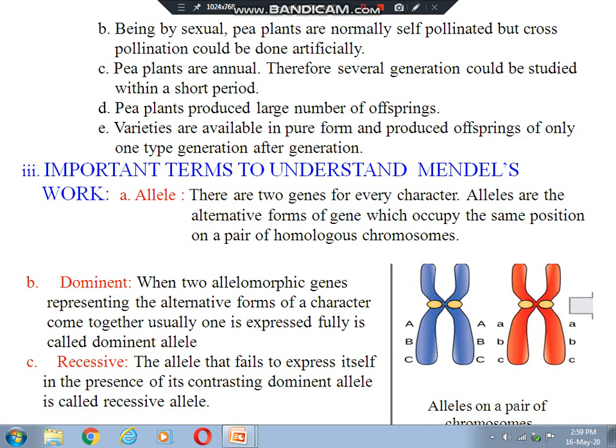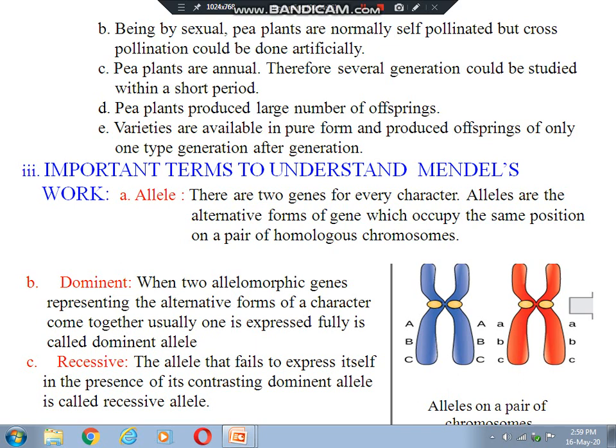Then dominant, I have already discussed. Dominant means in the presence of both alleles, dominant and recessive, the character which is shown or expressed is called dominant. Out of 2 alleles, one is dominant, one is recessive.